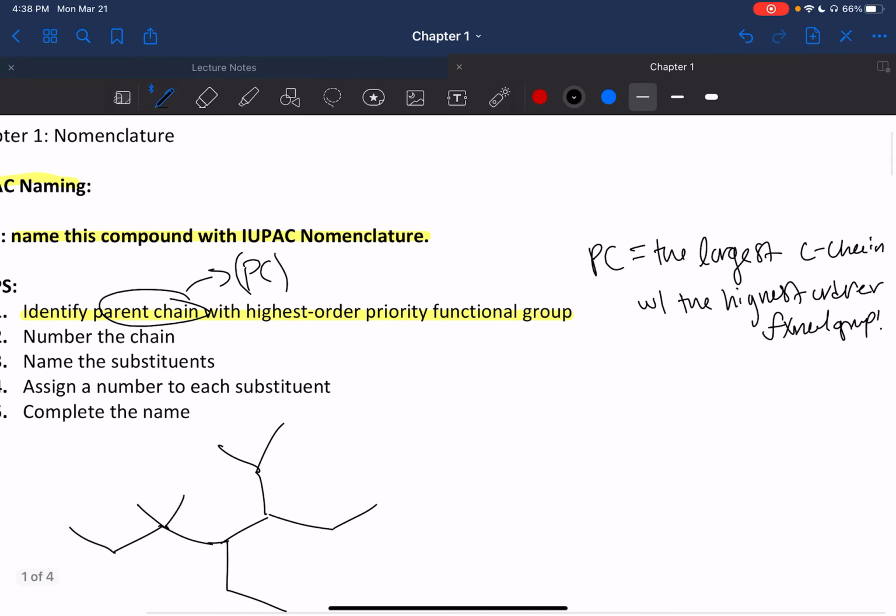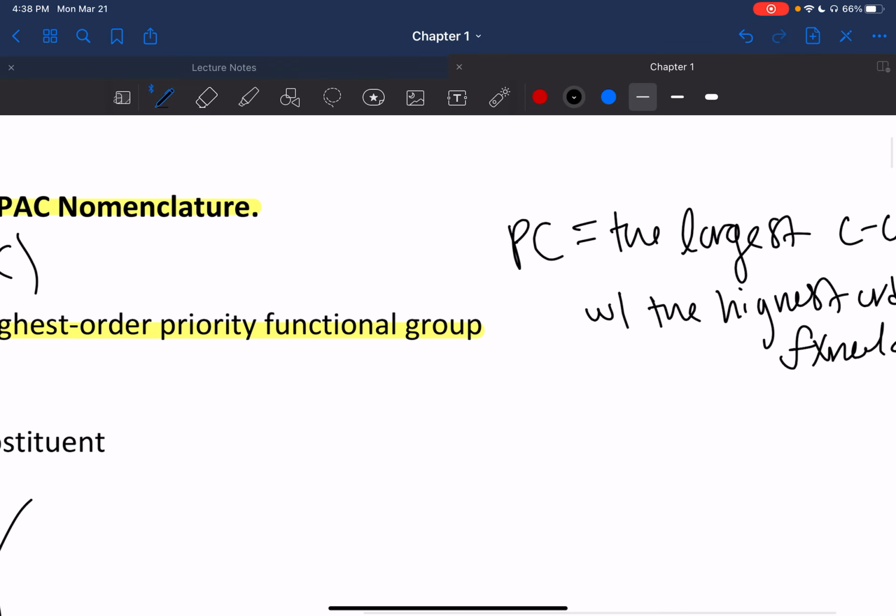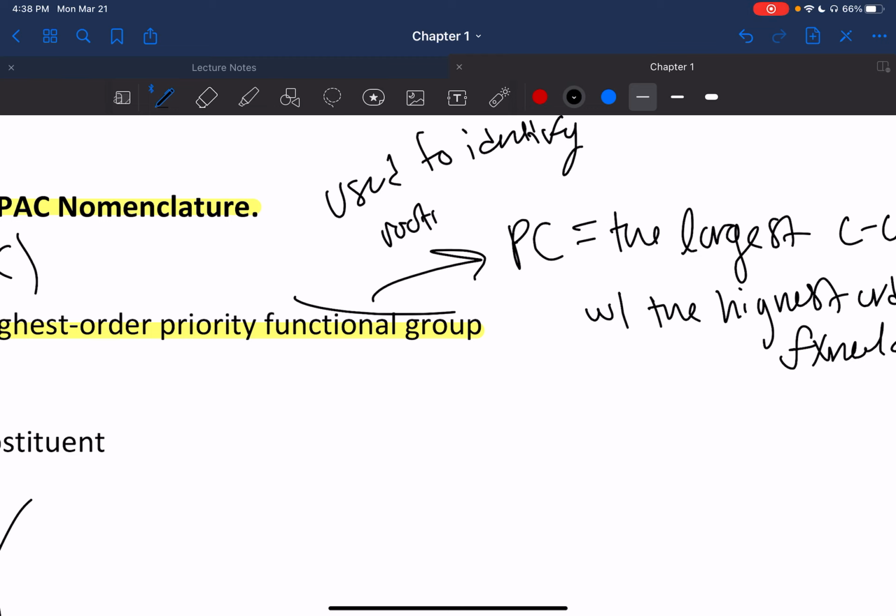All right? And the parent chain is then used to identify the root name. Let's not call it a suffix, but let's just call it the root, because once you start adding functional groups, then you start adding your suffixes. So that'll give you your root.